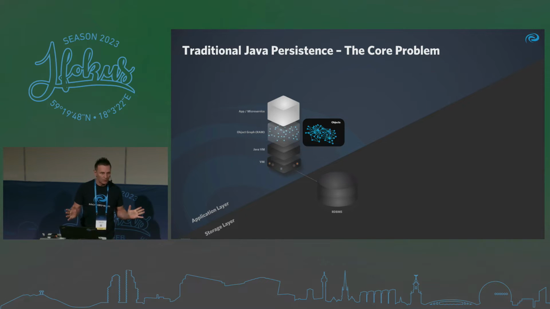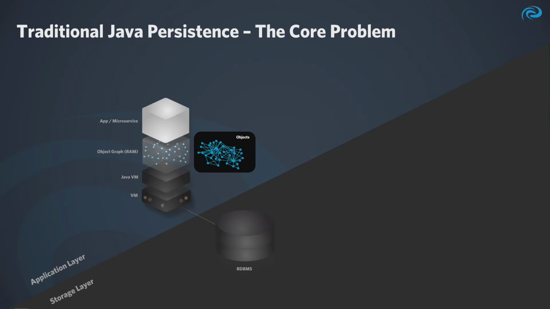And everything in Java is an object, of course, which means data are also objects in memory. Everything is fine, but as soon as we want to store data, then we have to deal with relational databases. And they, unfortunately, work fundamentally different from Java because they are not able to store objects. So this is, from a technical perspective, not possible. So we are in trouble, actually.